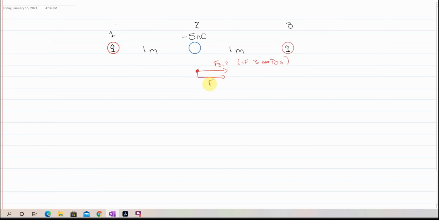I'd have F1 on 2 here if 1 was negative. If I want something to stay in equilibrium, the one thing I can't have is net force, because then I'd have acceleration. And if they're opposite signs, then I'm definitely going to have acceleration. I have just 2 vectors, so I definitely have a net force. So this is not in equilibrium.